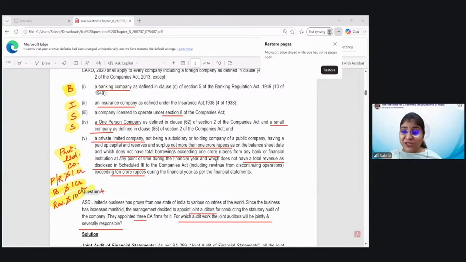And which does not have total revenue more than 10 CR.